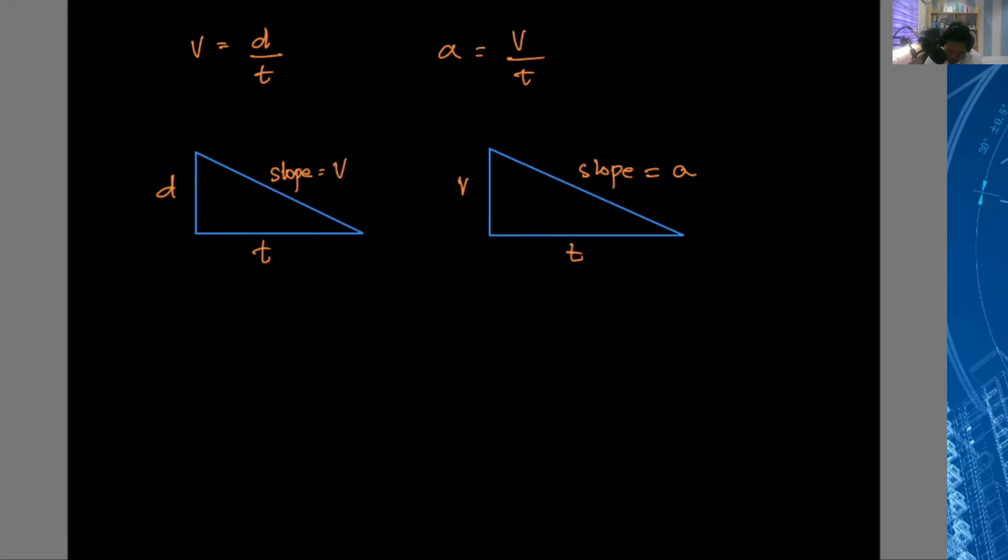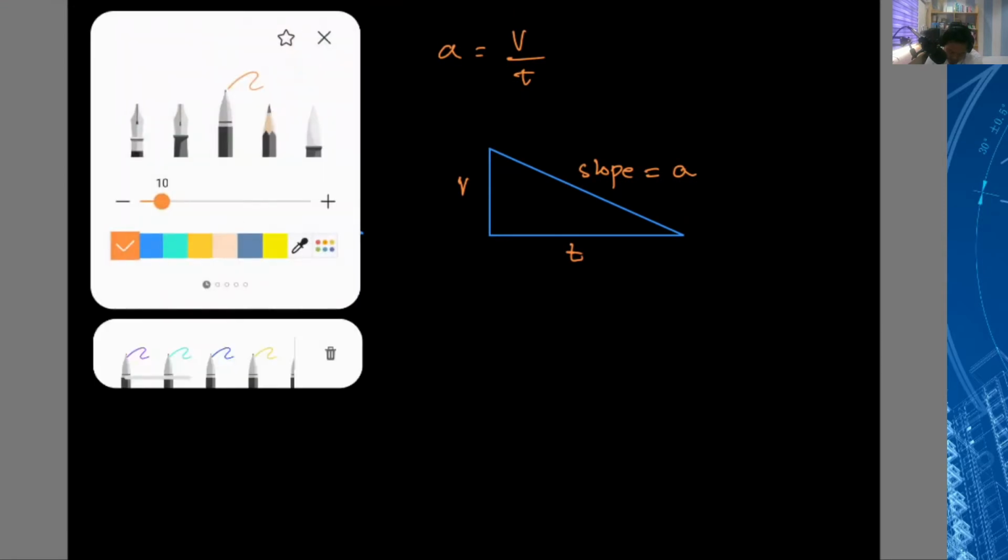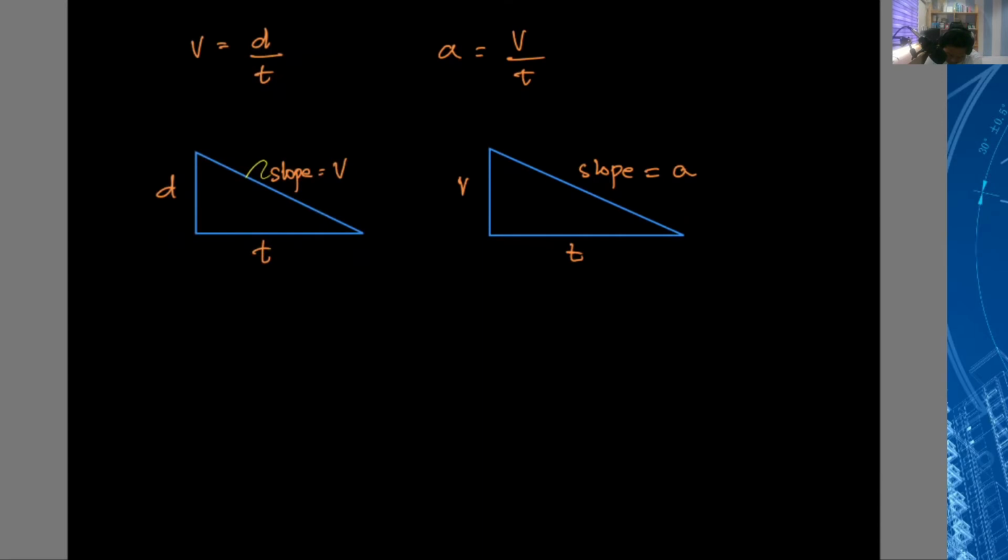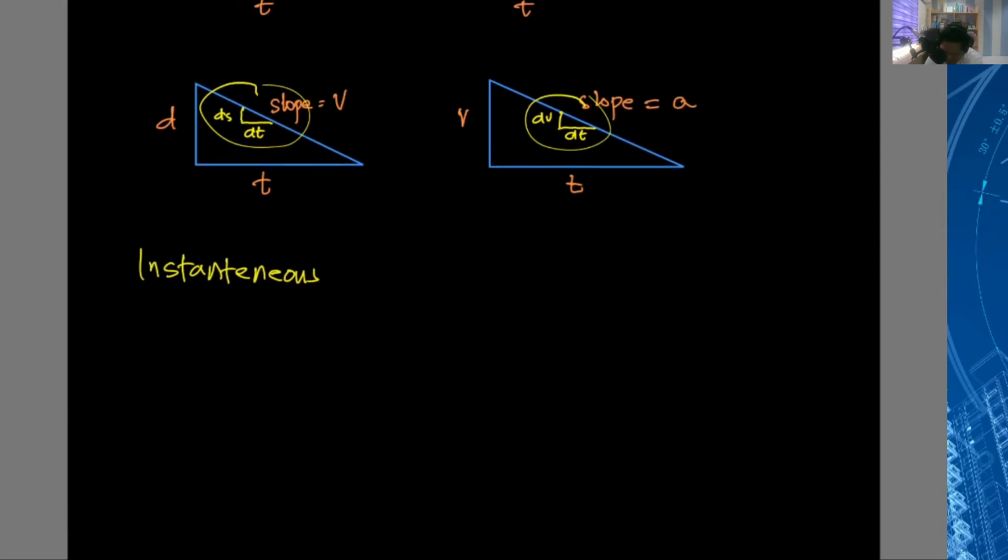Okay, if I will cut a small portion here and also here, so I can have here as ds and dt. Okay, this one is dv and dt. Okay, so this is now called the instantaneous velocity or instantaneous acceleration in this case.